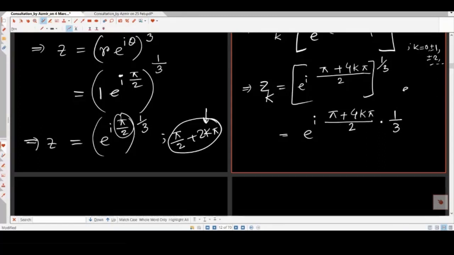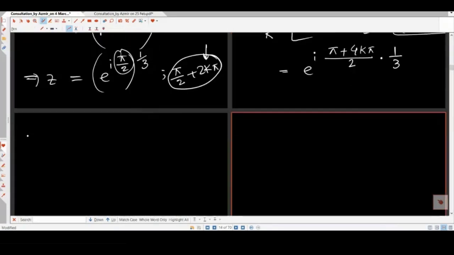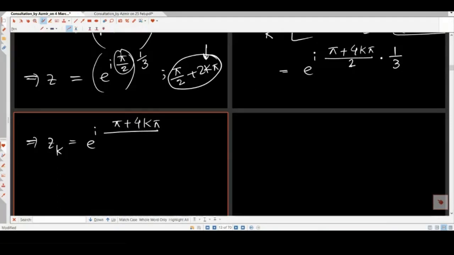So we are using the concept e power m power n, that is e power mn. Now we can write zk equals e power i times pi plus 4k pi, and in the denominator we have 2 times 3, that is 6. So finally we are done.